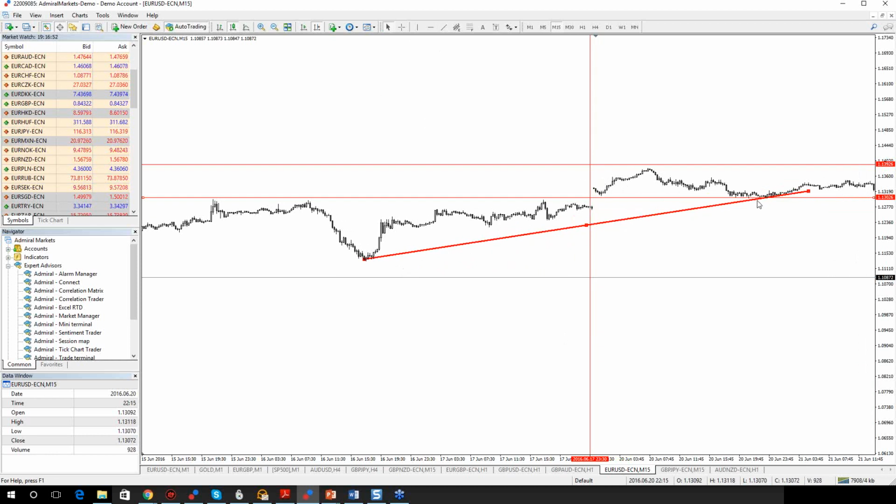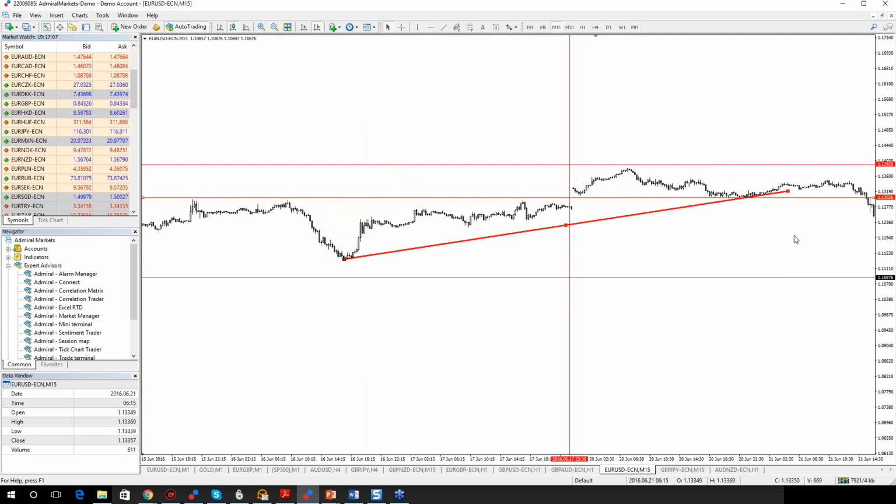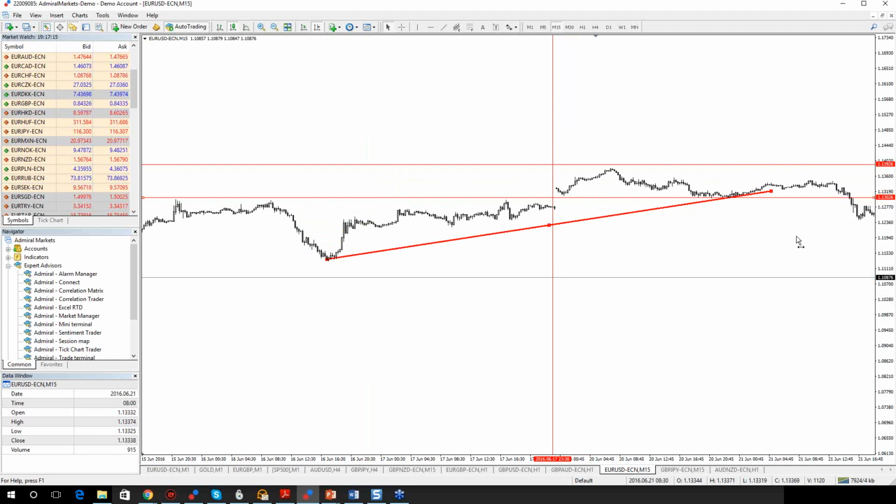So a trend line, a rectangle, well, you need to know how to draw rectangles. As I said, zoom in, zoom out of the 15-minute time frame and just place two vertical lines. And here you see this is a clear consolidation. And now we are watching the price. You see, this could be a false breakout. We don't know if it's false, but this could be a false breakout.